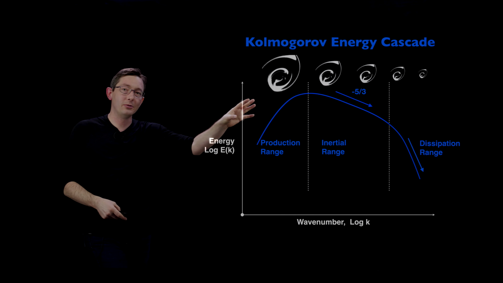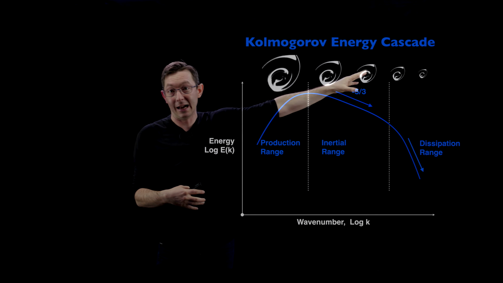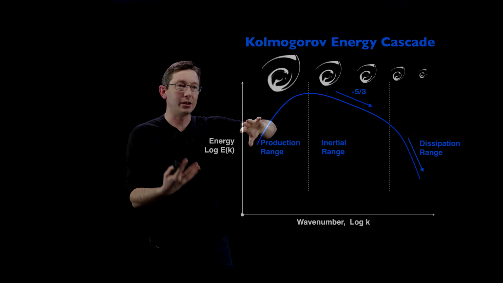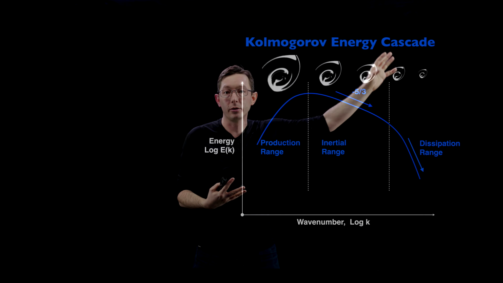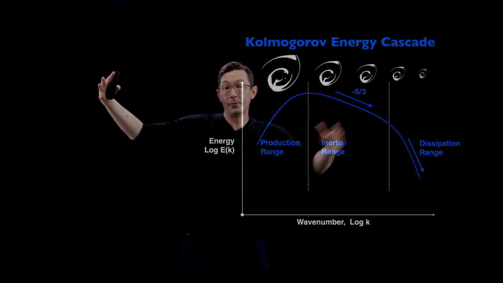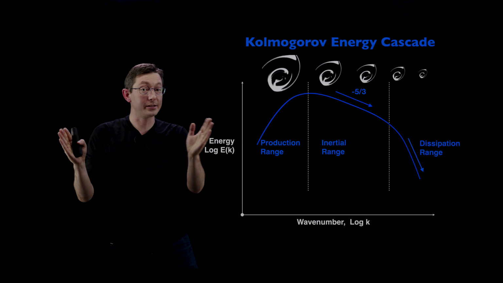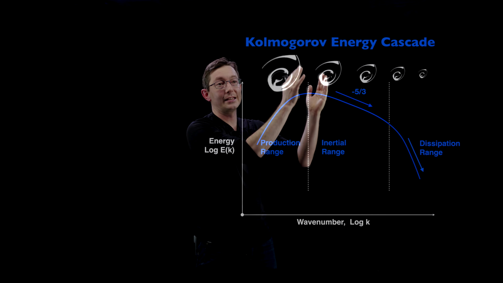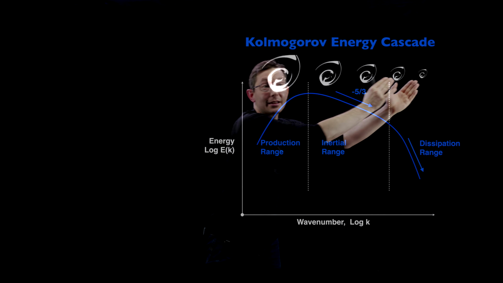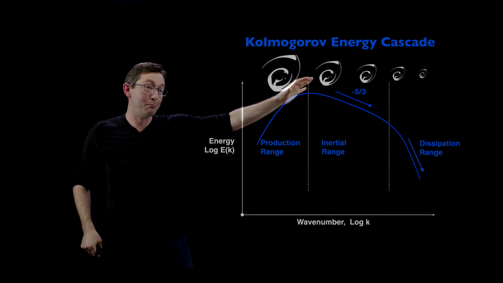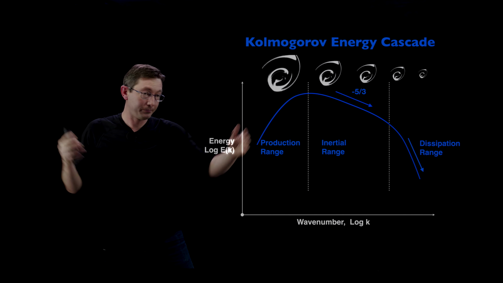This goes back to the picture of the Kolmogorov energy cascade, where you have all of these different orders of magnitude of scale separation from the biggest vortex to the tiniest vortex. In fact, the Reynolds number is a ratio of the size of the largest vortex in the flow to the tiniest vortex, so this gets bigger for higher Reynolds number flows.